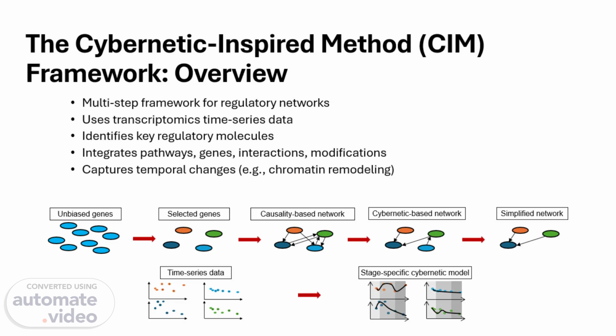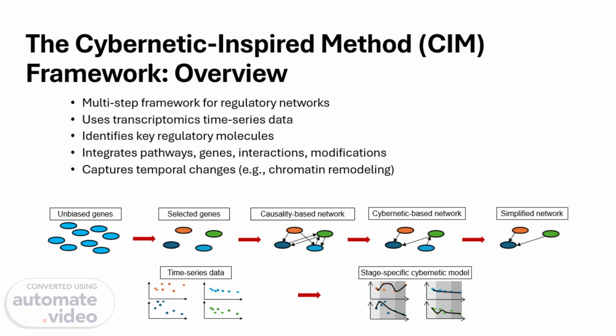It primarily uses transcriptomics time series data to understand gene expression changes over time. The framework is designed to identify key regulatory molecules and integrate diverse biological information, including pathways, genes, interactions, and modifications. Crucially, it captures temporal changes such as chromatin remodeling, which are vital for understanding dynamic biological processes.